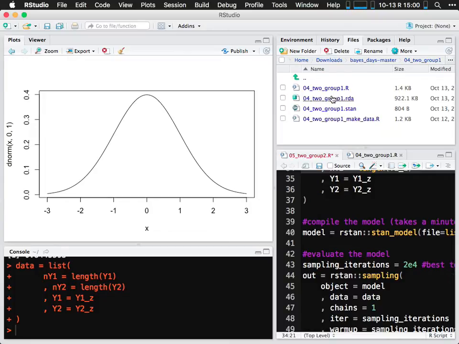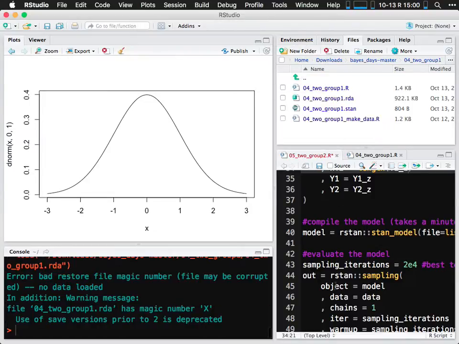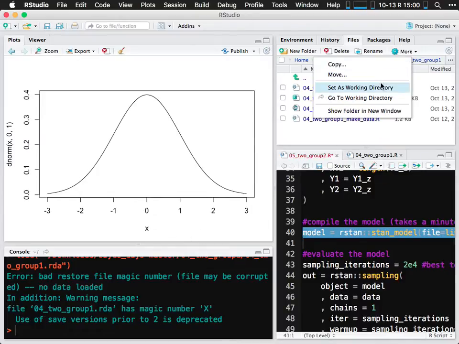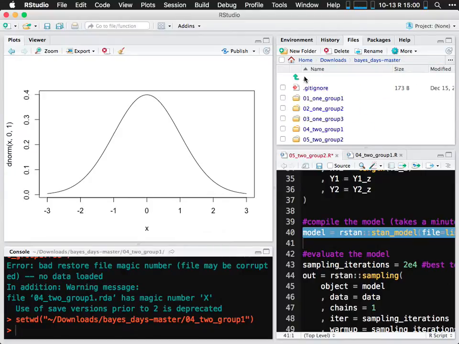So instead of taking the time to compile this model, I'm going to click this, and I'm pretty sure that will just create the model. All right, I need to set as working directory. Oh, and I need to go up one.